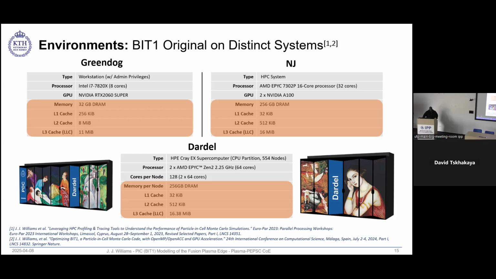But I want to highlight Greendog. Every one of you has a laptop, and you run the simulation. The reason we use that is because on an HPC machine, we don't have administrative privileges. In order to understand what's going on with the code, we need to first check that on the machine you are using currently, and then go to an HPC machine.